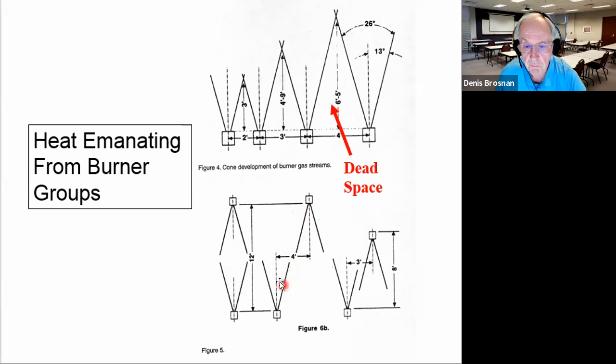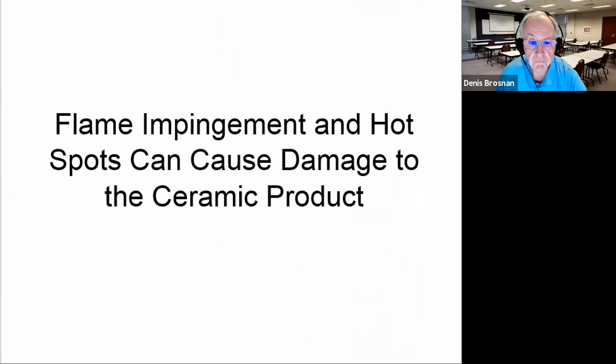We can offset the burners, which causes a swirl. That swirl tends to go up toward the crown. So again, the spacing here and the distance apart of the burners is all engineered to give you more uniform temperatures.